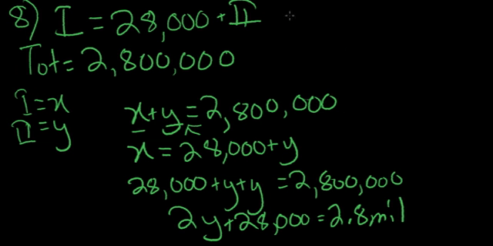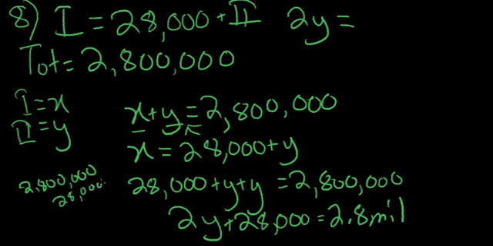So subtract the 28,000, 2y equals 2,800,000 minus 28,000. 9 minus 2 is 7, 7, 2.